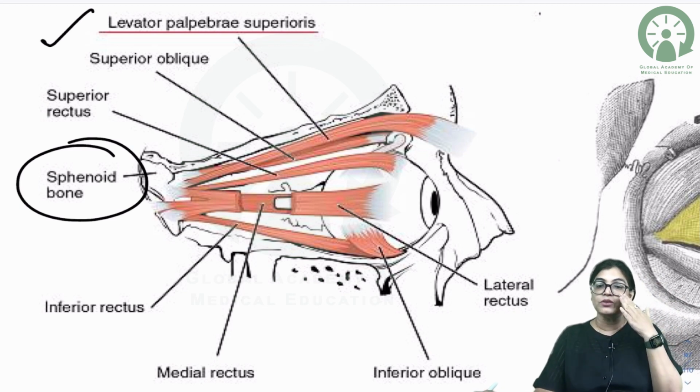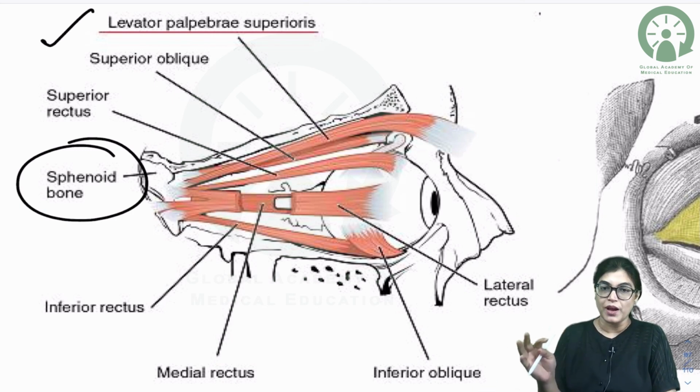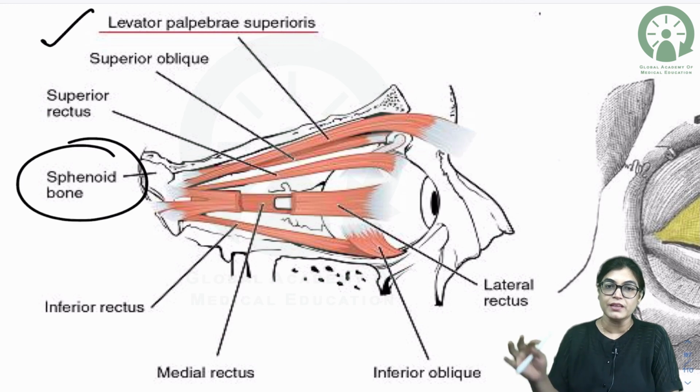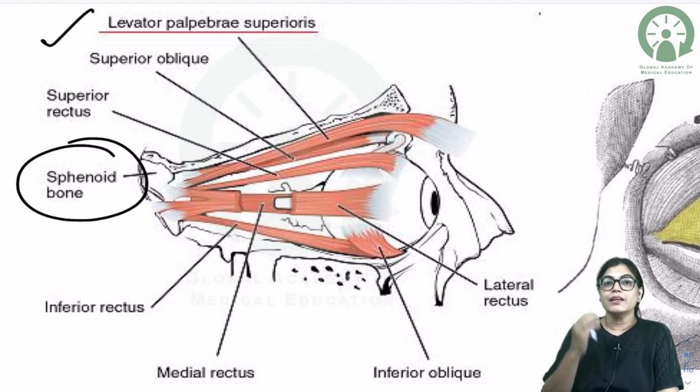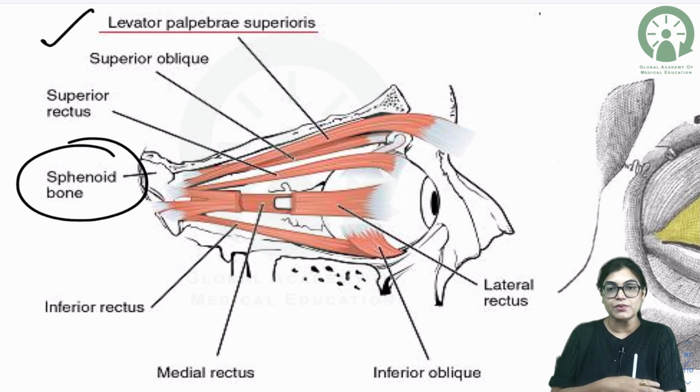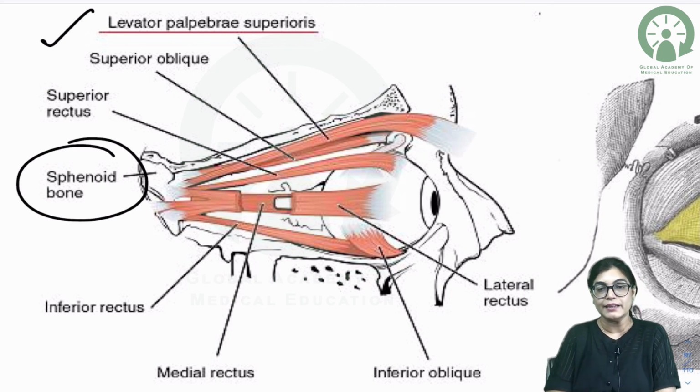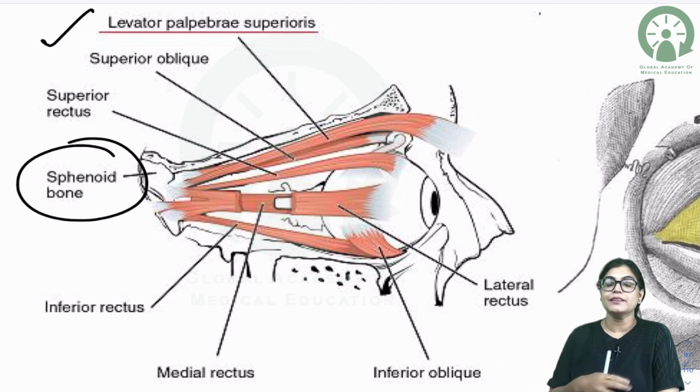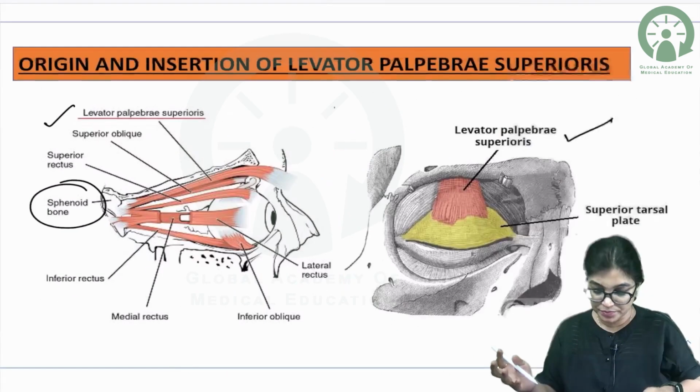The superior lamina goes into the skin of the upper eyelid, which is made of skeletal muscle fibers. The intermediate lamina is made of smooth muscle fibers inserting into the superior tarsal plate, and the inferior lamina goes into the fornix of the conjunctiva. Levator palpebrae superioris has both skeletal muscle fibers and smooth muscle fibers. The skeletal muscle fibers are innervated by the third cranial nerve, that is the oculomotor nerve, and the smooth muscle fibers are innervated by the sympathetic nerves.